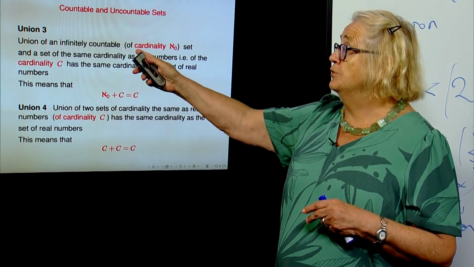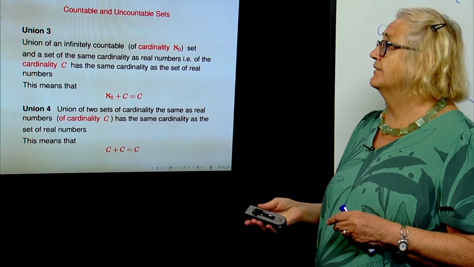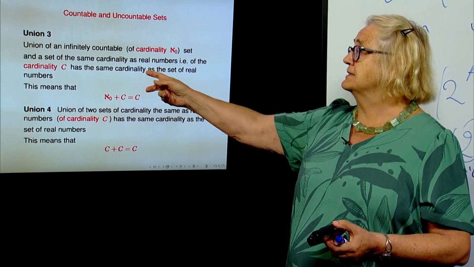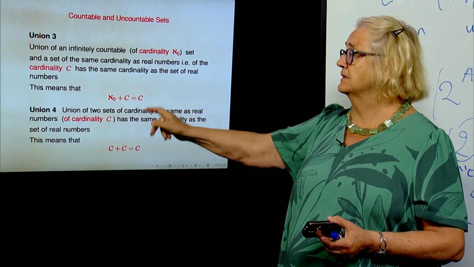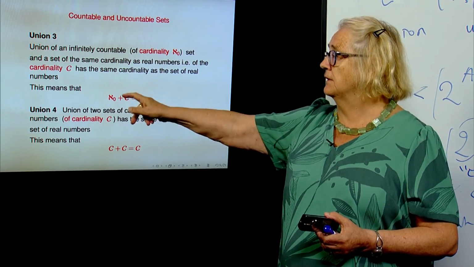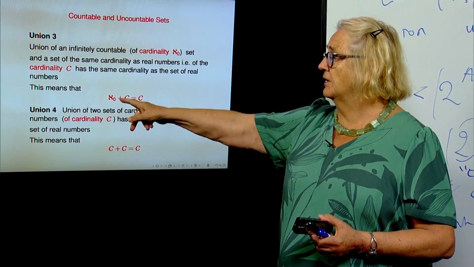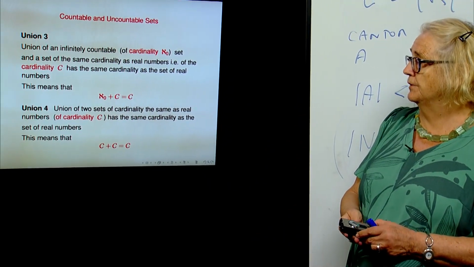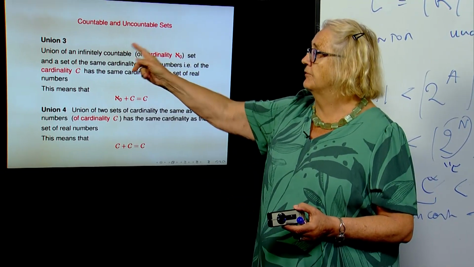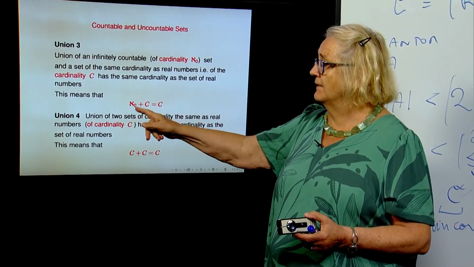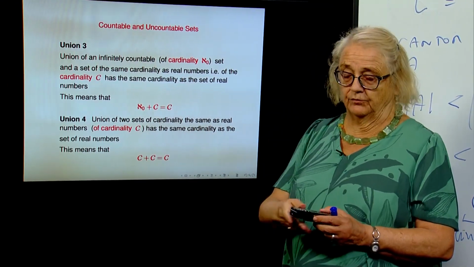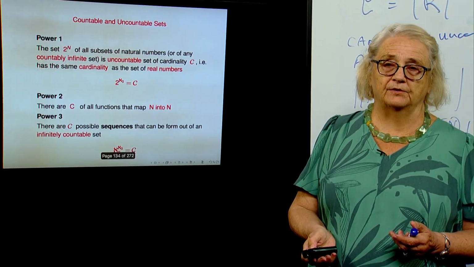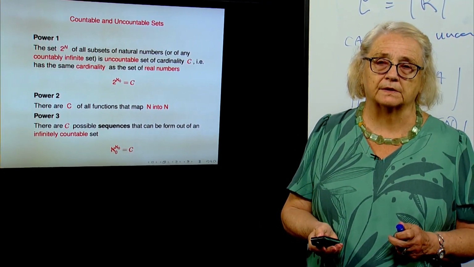So the union of an infinitely countable set and a set of the same cardinality as the real numbers has the same cardinality as the set of real numbers. You can define plus as union, so the union of 2 sets is addition of 2 cardinal numbers. This is called arithmetic of cardinal numbers.